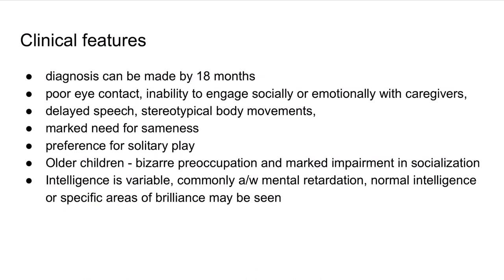Older children may also have a bizarre preoccupation and marked impairment in socialization. Intelligence is usually variable, and autism is commonly associated with mental retardation or normal intelligence, or specific areas of brilliance may also be seen.